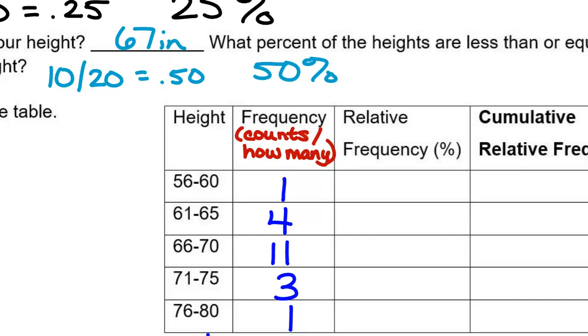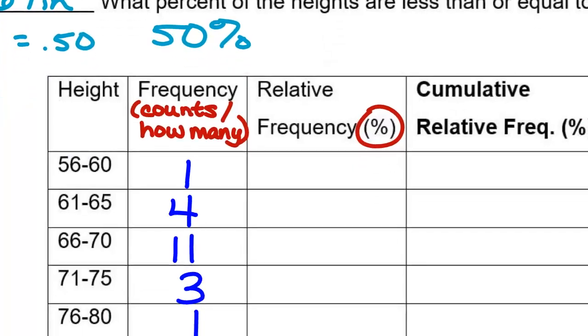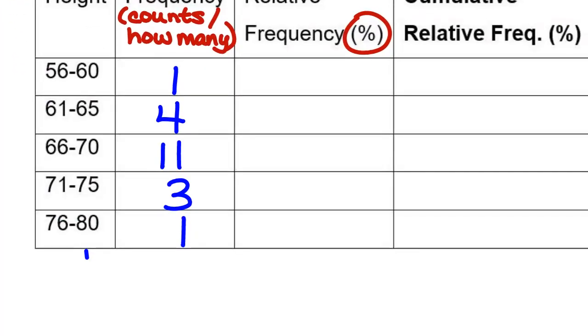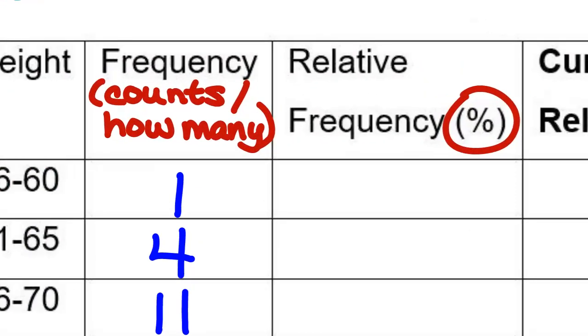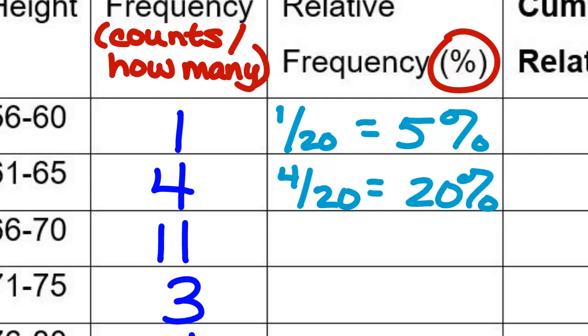Do you guys remember how to do relative frequency? Relative frequency is our percent. So let's take the frequency and divide it by however many people there are. That gives me what percent of people there are in that window. So I'm going to do 1 divided by 20, which comes out to be what percent? 5%. And then we have 4 out of 20, 20%.